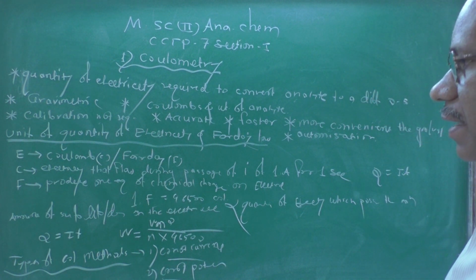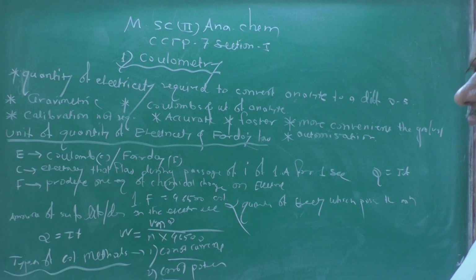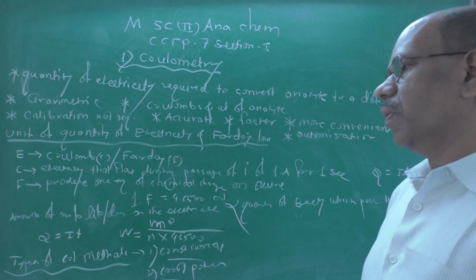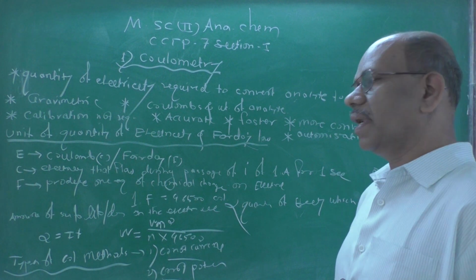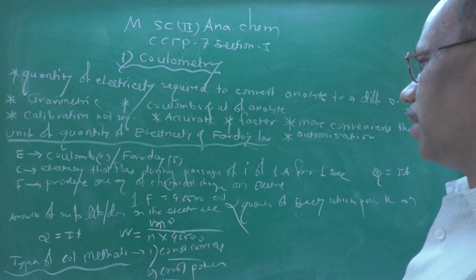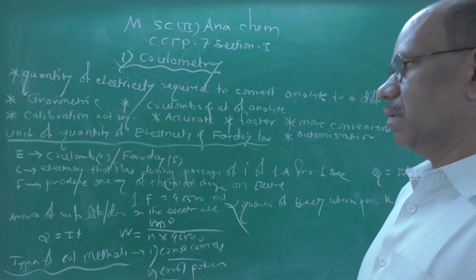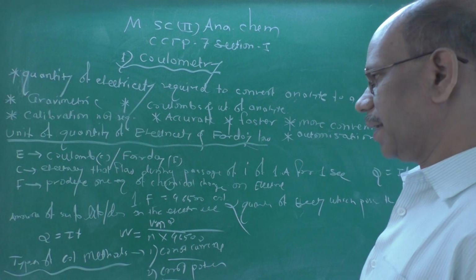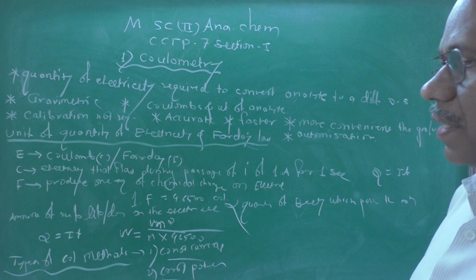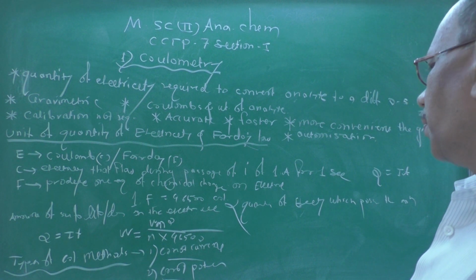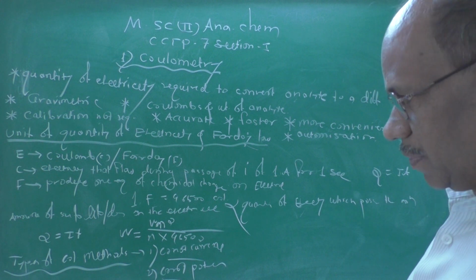Faraday is nothing but the quantity of electricity that produces one equivalent of chemical change, and 1 Faraday is equal to 96,500 Coulomb. The first law: the amount of substance deposited or liberated on the electrode surface is directly proportional to the quantity of electricity which passes through the solution.